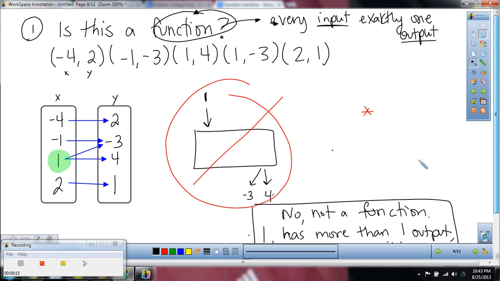So, here, the big mistake that commonly happens, our common error, is that we forget to write our repeated numbers as one thing. Right?